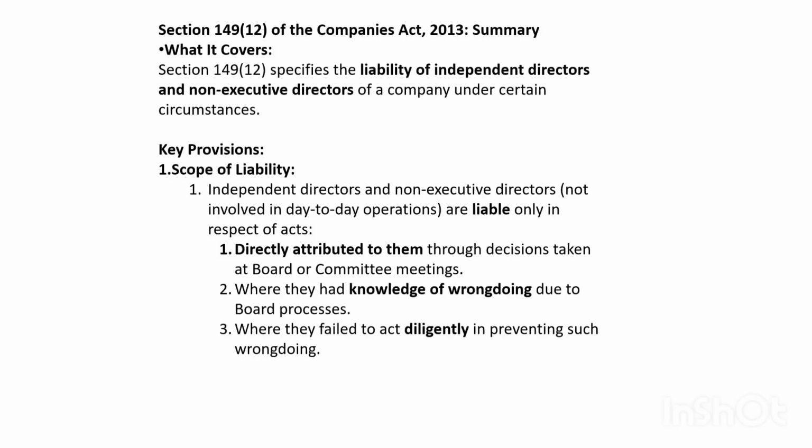Section 149(12) states the liability of independent directors under certain circumstances. Independent directors or non-executive directors are liable for only certain acts which are directly attributed to them through decisions taken at board or committee meetings, whether they had knowledge of wrongdoing due to board processes, or whether they failed to act diligently in preventing such wrongdoing.